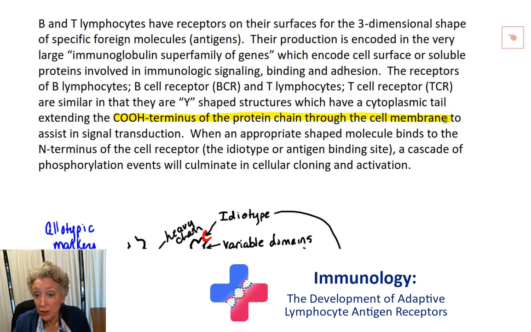Now, in a later discussion, we'll actually talk about how these N-terminal ends are derived uniquely, but for now, let's just look at the big picture of how the two receptors are similar and different.